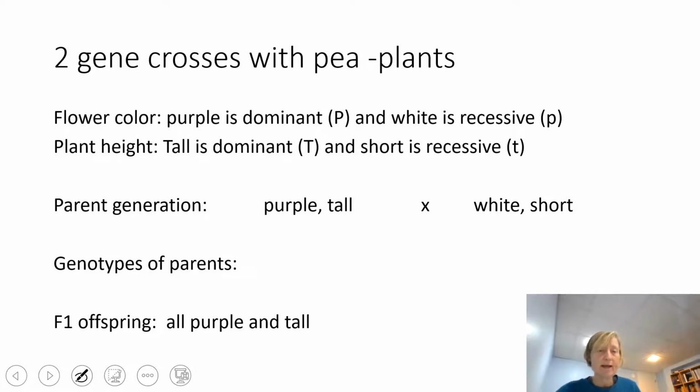Well, the parent that's purple and tall would have to have 2 copies of each gene, right? Except if it's sex-linked. These are not. These are autosomal. And the purple tall parent then would have 2 big P's and 2 big T's, right? Two copies of each gene.